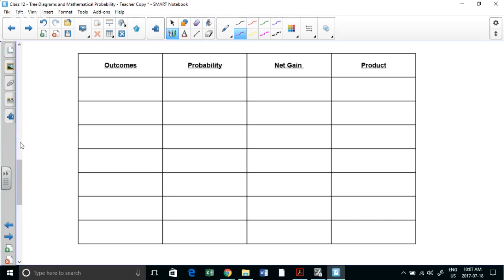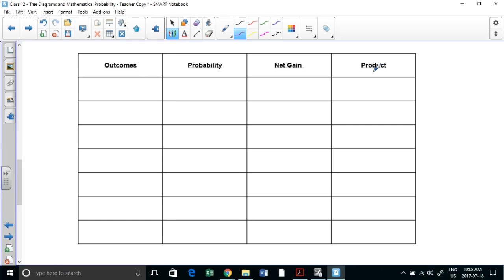Your table is going to contain the outcomes for your game, the probability of getting those outcomes, the net gain, and the product. Because the way these games work is you don't just show up and play. It costs you money to play. There are casino games. Obviously, we're not walking into casinos yet, but you pay money when you want to play the game. Or you go outside to one of those traveling fairs, or you go to La Ronde and you play a game.